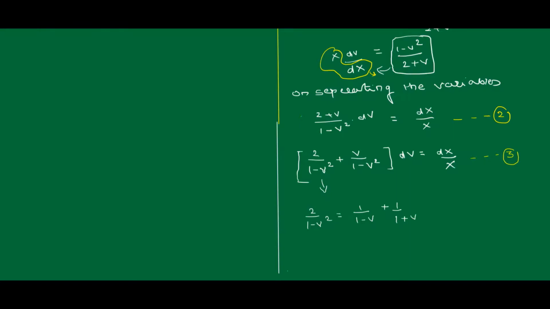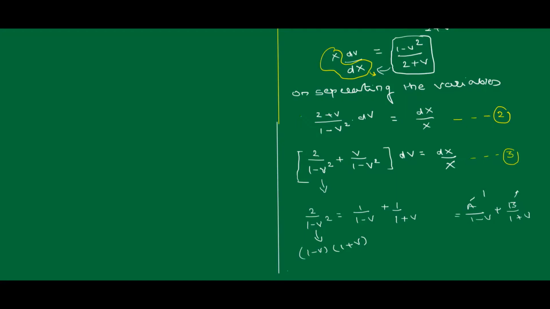So if you solve by using partial fractions, that is a divided by this 1 minus v square, we can write it as 1 minus v into 1 plus v. By using partial fraction, a divided by 1 minus v plus b divided by 1 plus v. Taking LCM and by using cross multiplication, put v is equal to minus 1 and v is equal to plus 1. You will get a is equal to 1 and b is equal to 1.